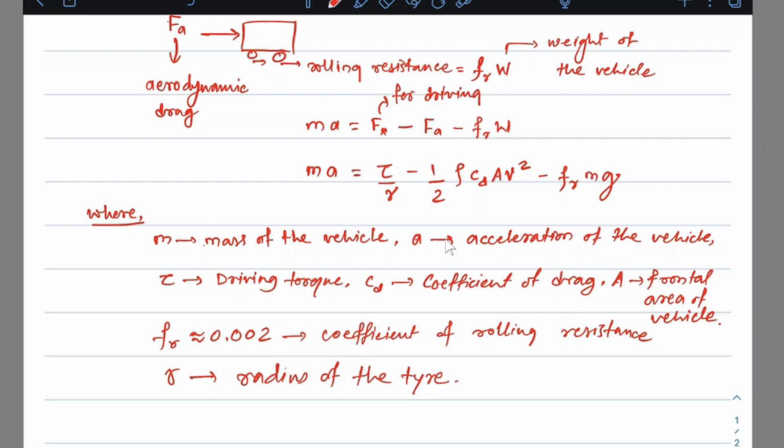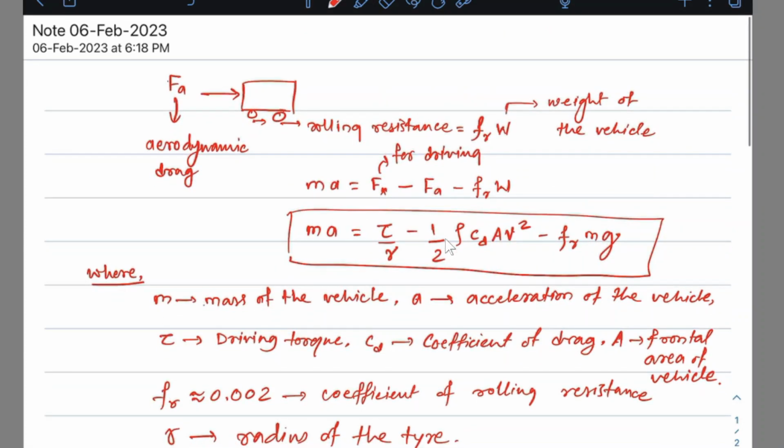So you can plug in your mass, your desired acceleration value, the frontal area of the vehicle, coefficient of drag, density of the air, and the rolling resistance value, and using this equation you will be able to find out the torque.